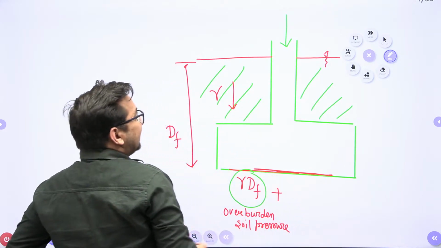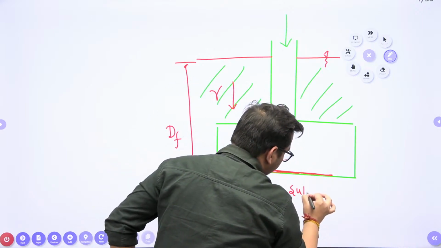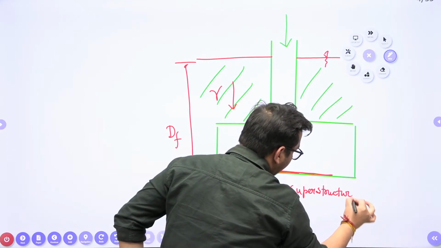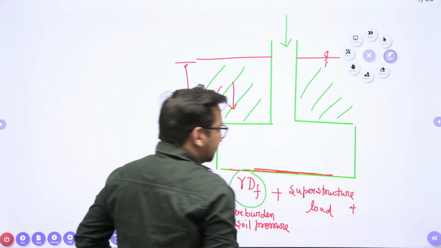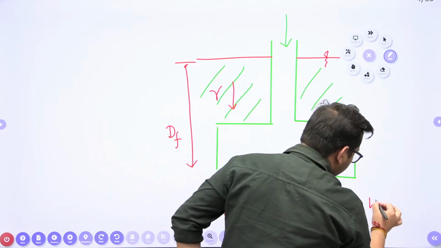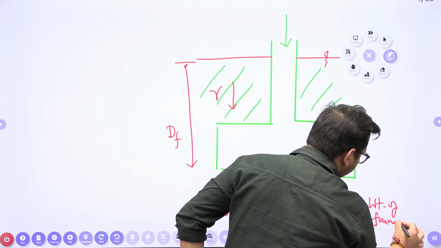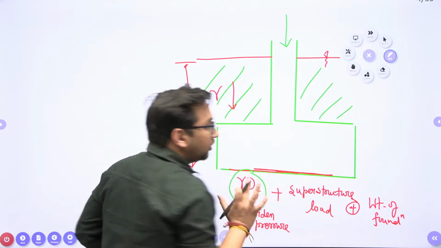Also, there will be stress due to this superstructure load, plus stress due to this weight of the foundation. So these three components can cause the stresses at this particular point.